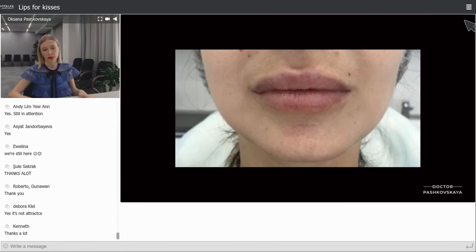You can see fibrosis in the photos, and I want to ask you: if you meet such patients, such lips, what do you prefer to do? Do you use collagenase or only remove the filler? Please type what you think about such cases with really full lips but not aesthetically pleasing.